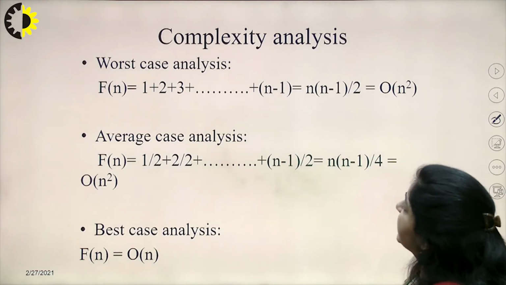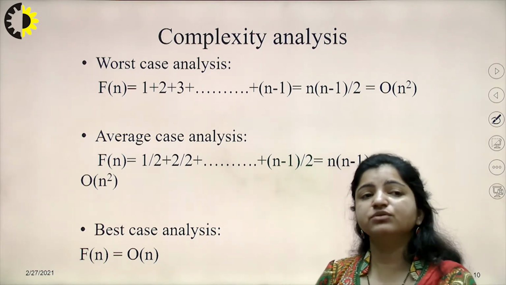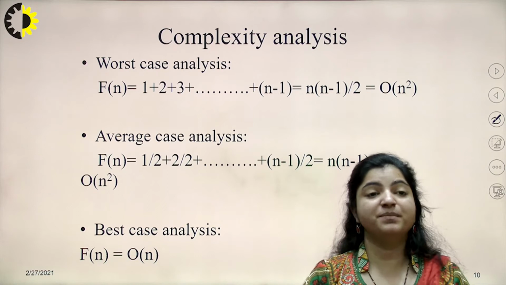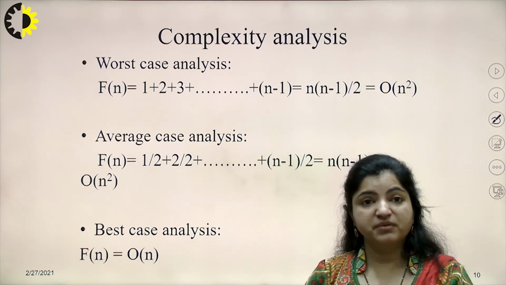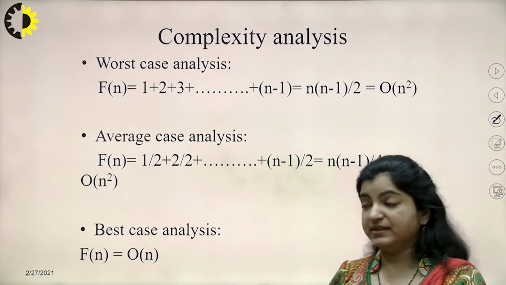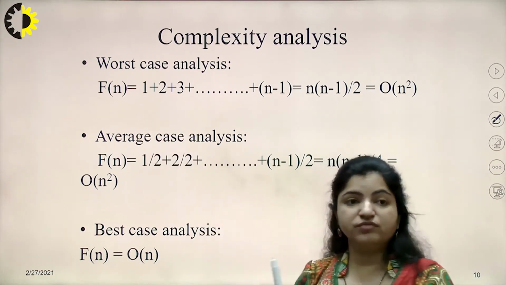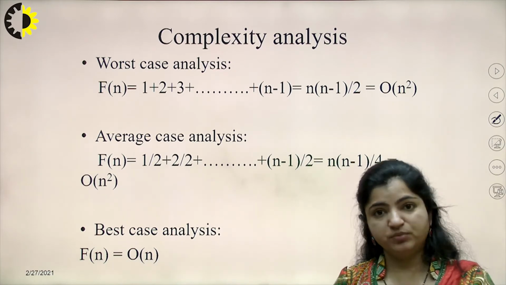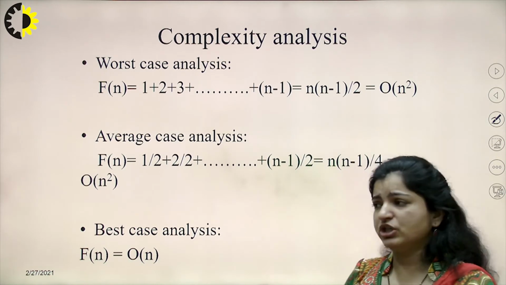Now for complexity analysis, as we already know, we have three kinds of analysis: worst case, average case, and best case. Worst case is when we have the maximum number of comparisons: the first element is placed at its appropriate position, then the second element is placed at its appropriate position, and so on.